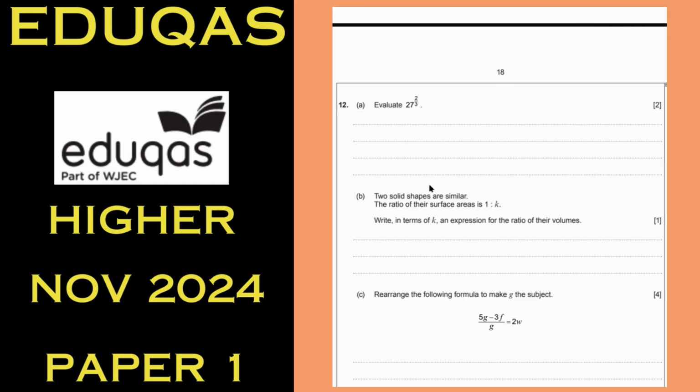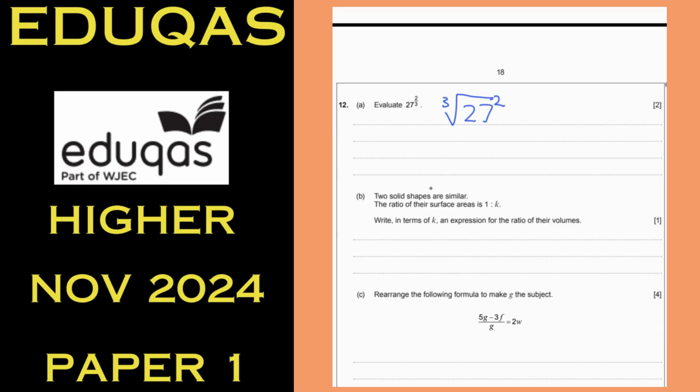At last, for number 12, bit of proper maths. Here we go. Laws of indices. When you have a number to a fractional power, I prefer to write it as the numerator makes the number bigger, the denominator makes the number smaller.